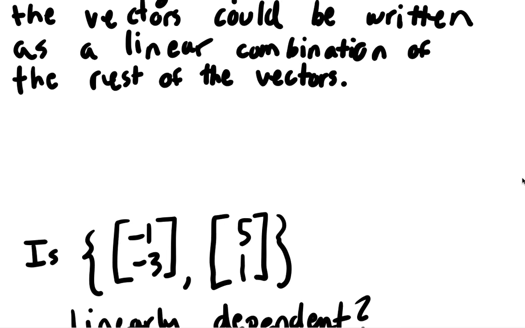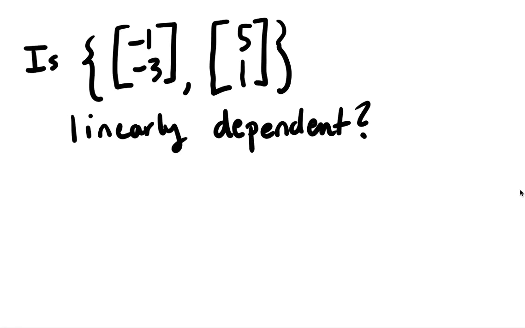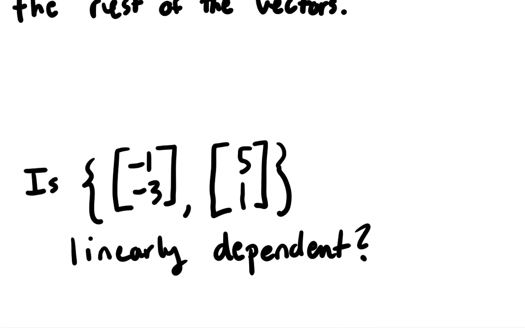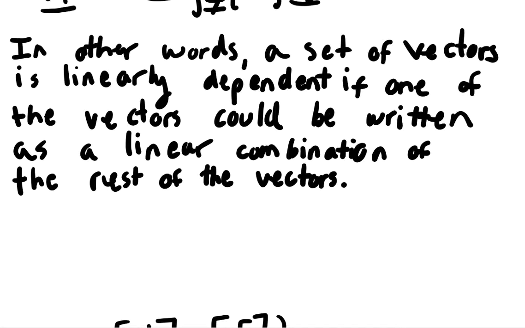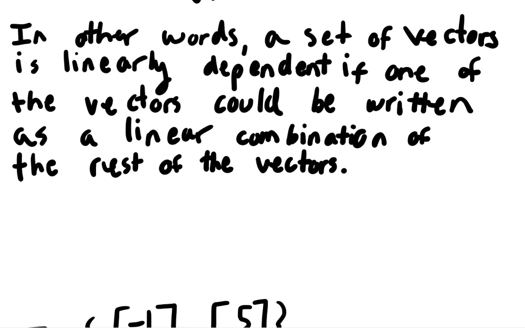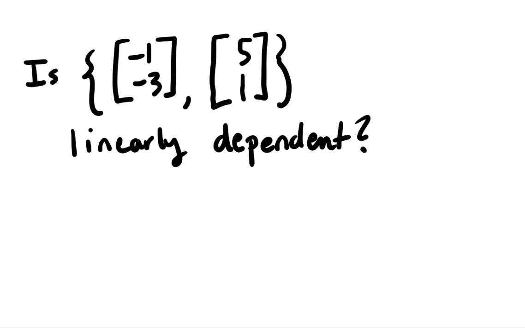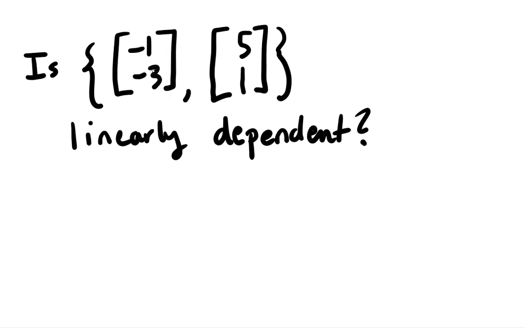Let's look at a different example. Let's look at these two vectors, negative 1, negative 3, and 5, 1. Going back to our second definition, a set of vectors is linearly dependent if one of the vectors can be written as a linear combination of the rest of the vectors. Looking at these two, it doesn't look like either of these vectors is a multiple of the other.